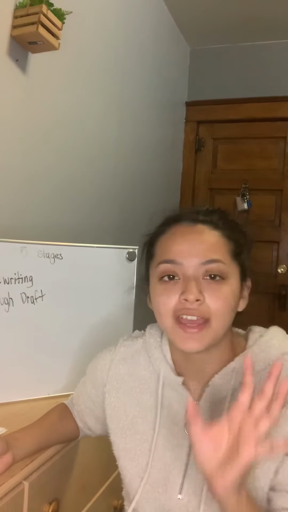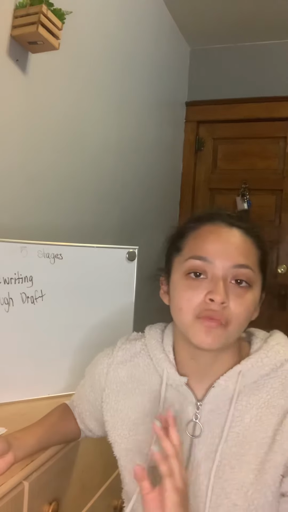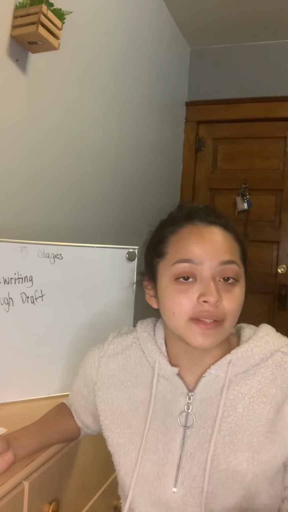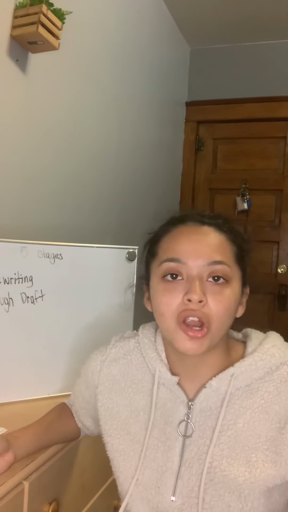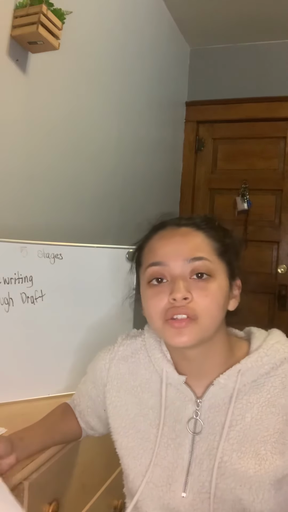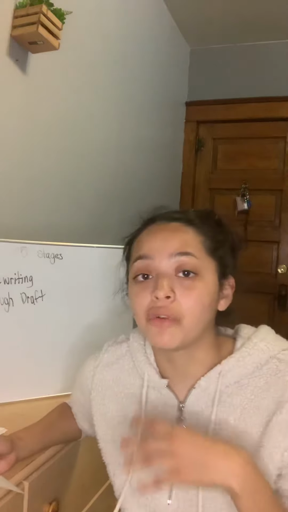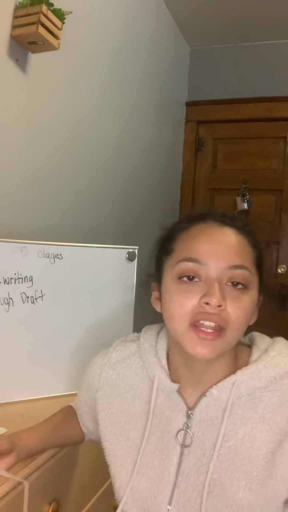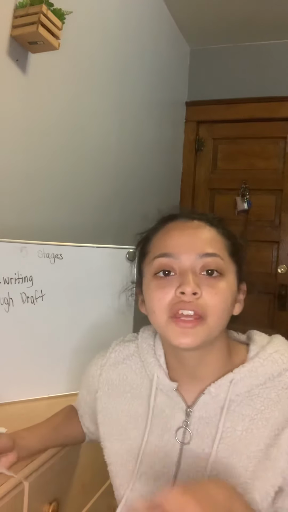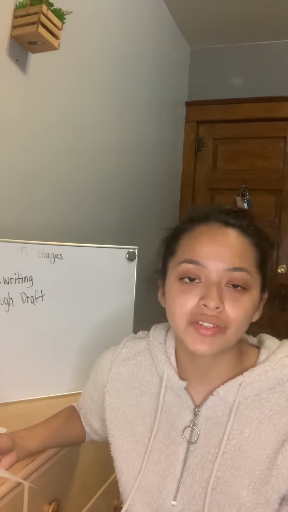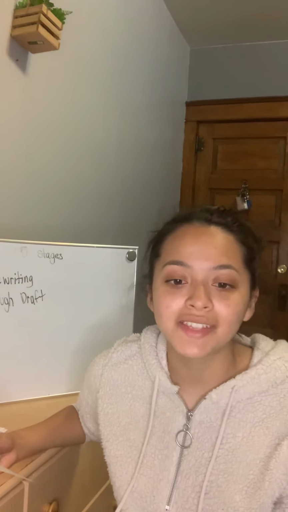We always say graphite. Why should we always write in graphite? Great job, Samantha. Because if we use a pen or a marker or colored pencils, we can't erase our errors, right? Since this is our rough draft, this is where we're just getting started. We can make mistakes and we can do all this. And it's important to use a pencil that we can erase everything, correct?